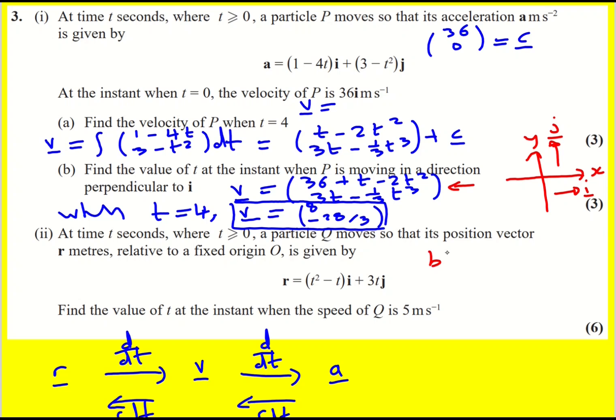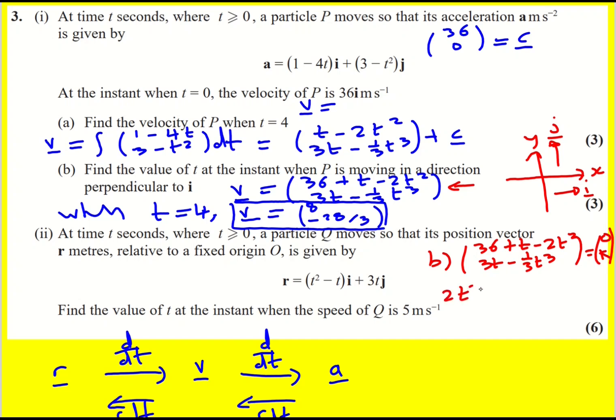Just to guide us, we could write 36 plus t minus 2t squared, 3t minus 1/3 t cubed. But because it's in the j direction, we could write down that it's going to be 0i, for example. But from that, we can see that the top is 0.